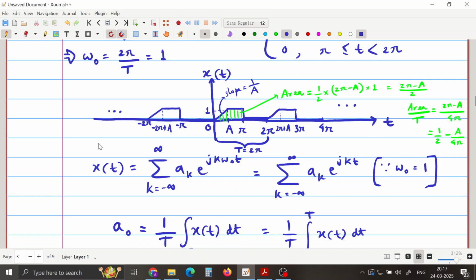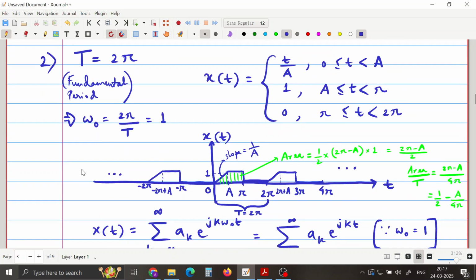We also studied these signals graphically, besides their mathematical representation, and we verified our answers in multiple directions. Say for example, when we were computing the DC component, the Fourier series coefficient corresponding to index 0, this a naught, it actually represents your DC component.